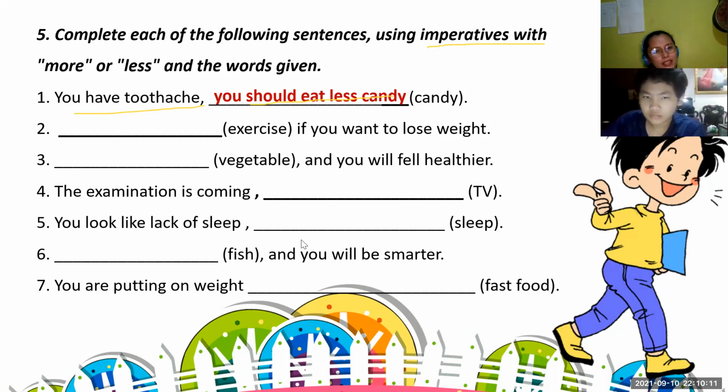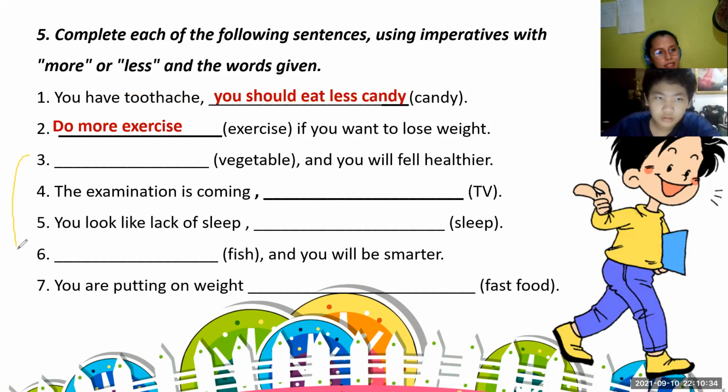Another example is, do more exercise if you want to lose weight. So you will have do more exercise. Do you have any question there? So you can continue 3 until 7 here. You will just include less and more.